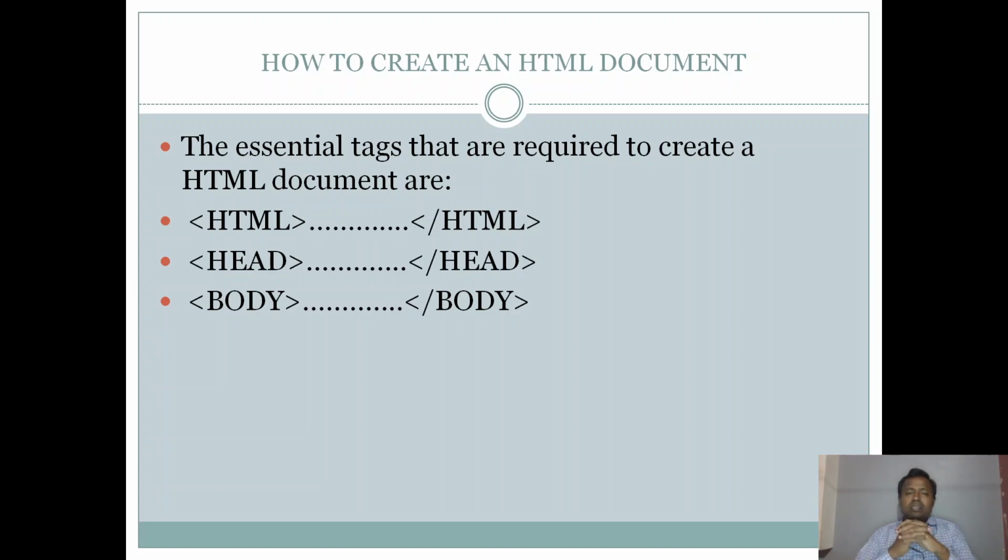Now, how to create an HTML document? To create an HTML document, we need some essential tags: HTML, head, title, and body. These are the essential tags for an HTML program. When the content is rendered on the web page, you have to understand where the mistake is, correct it, and then see whether it renders the content properly.